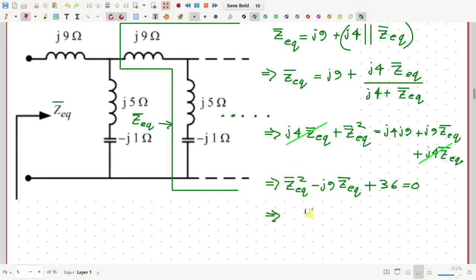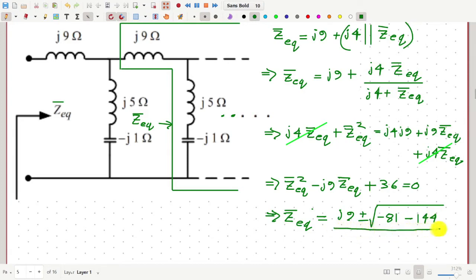So we have Z equivalent equal to minus of this coefficient, that is j9, plus or minus the root of 9 squared, which is 81, minus 4 into 36, which is 144, divided by 2.